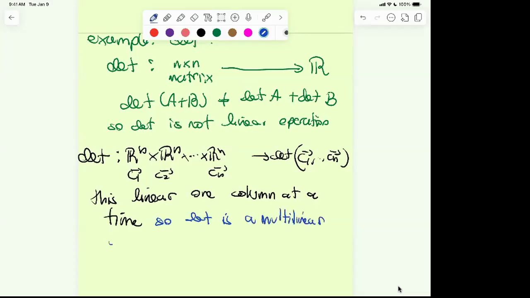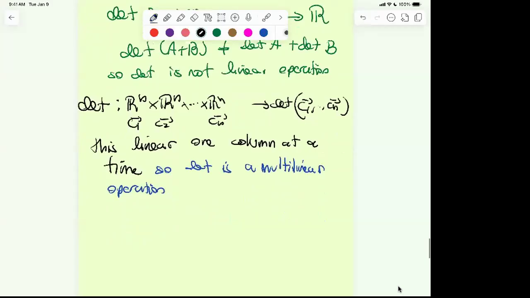Linear operation. So that is closer to the actual definition of a tensor. A tensor is whatever multilinear operation between vectors, vector spaces or pairs of vector spaces.